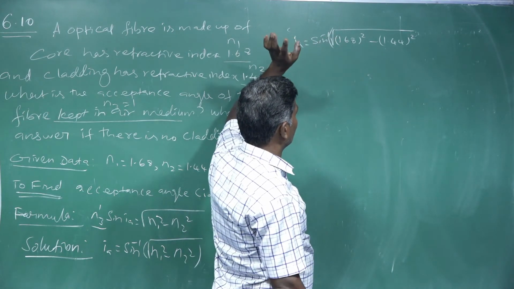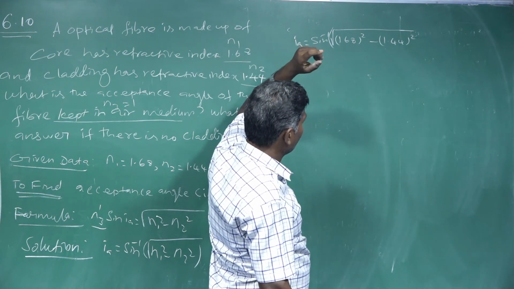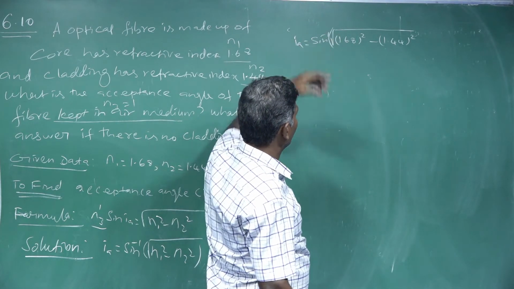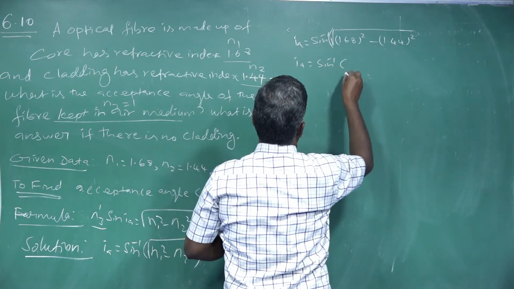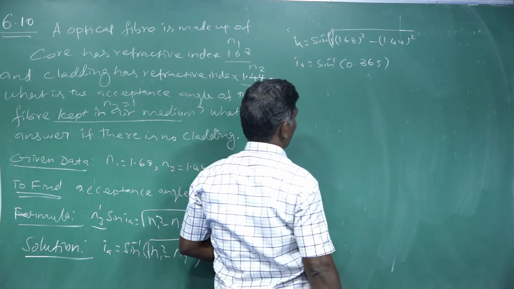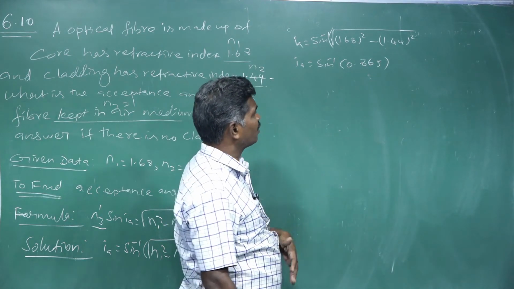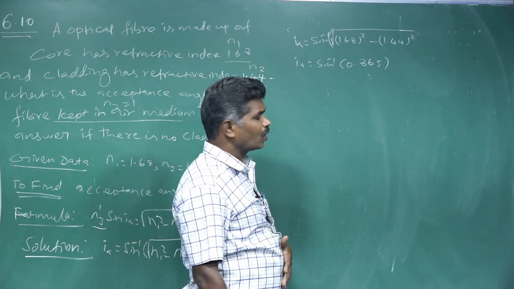If you square both, that is the square of 1.68 and the square of 1.44, finally we will get IA is equal to sin inverse of 0.865, almost equal to 0.866. Which value gives 0.866?